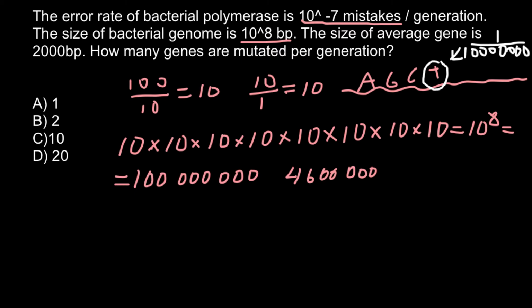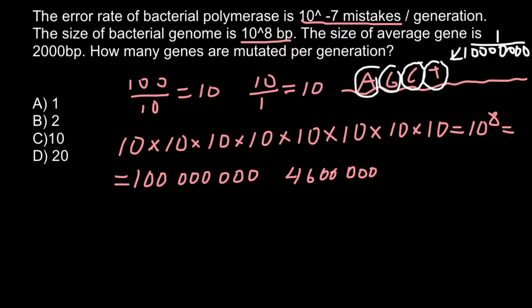So 1 out of 10 millions. And the probability that this base pair would also have a mutation during one replication cycle would also be 1 out of 10 millions. And this one and this one.